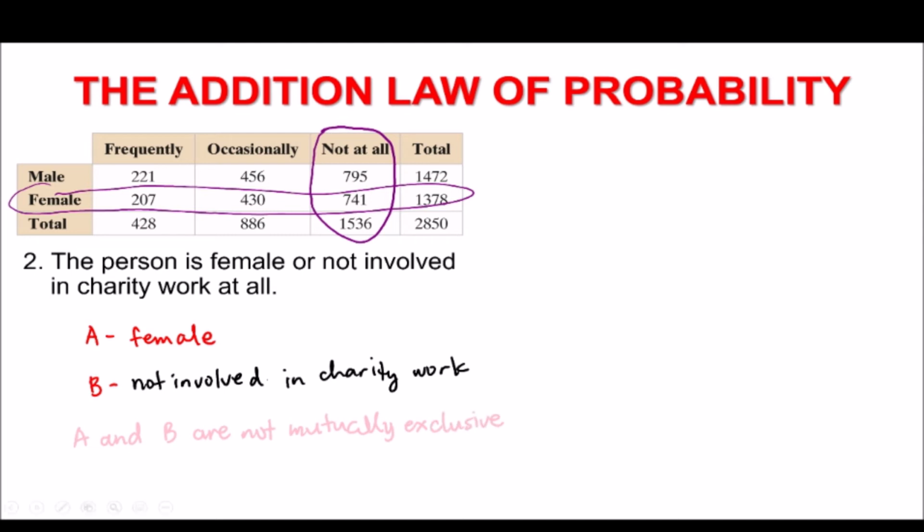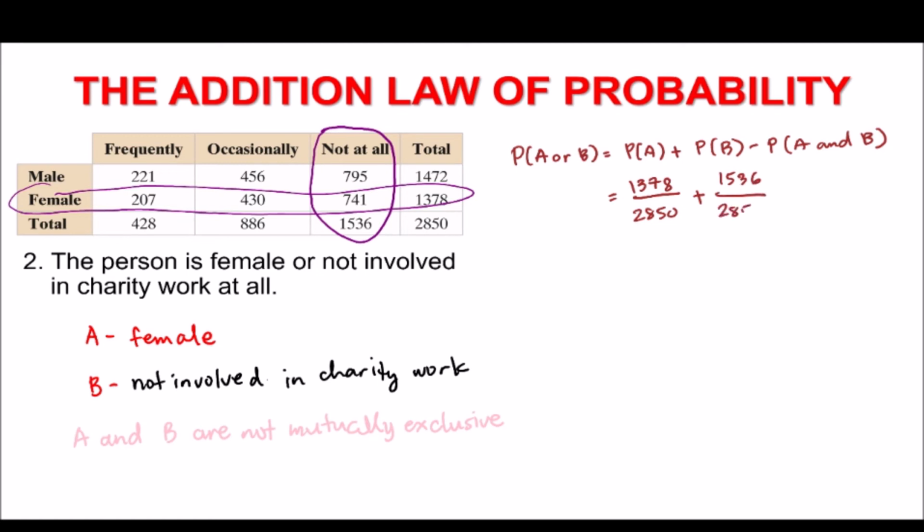Okay. So from here, we have the formula: probability of A or B for not mutually exclusive events is probability of A plus probability of B minus probability of A and B. So the probability that it is a female is 1,378 all over 2,850 plus the probability that a person is not involved in charity work, which is 1,536 over 2,850, minus the probability that the person is female and not involved in charity work, which is 741 over 2,850.